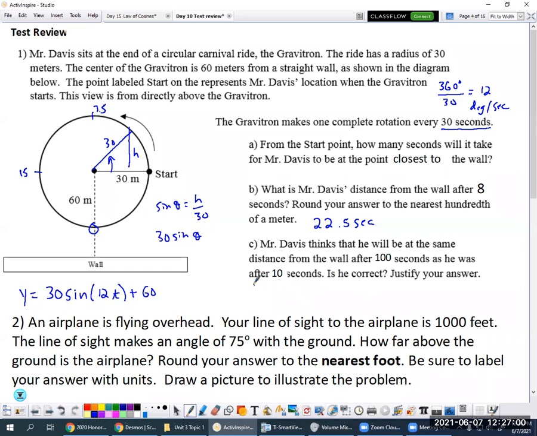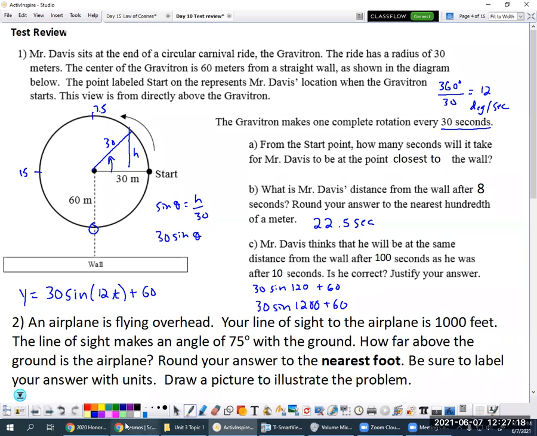So here we go. If I do 30 sine, well, 10 seconds would be 120 degrees. And 100 seconds would be 1,200 degrees. Get my calculator.